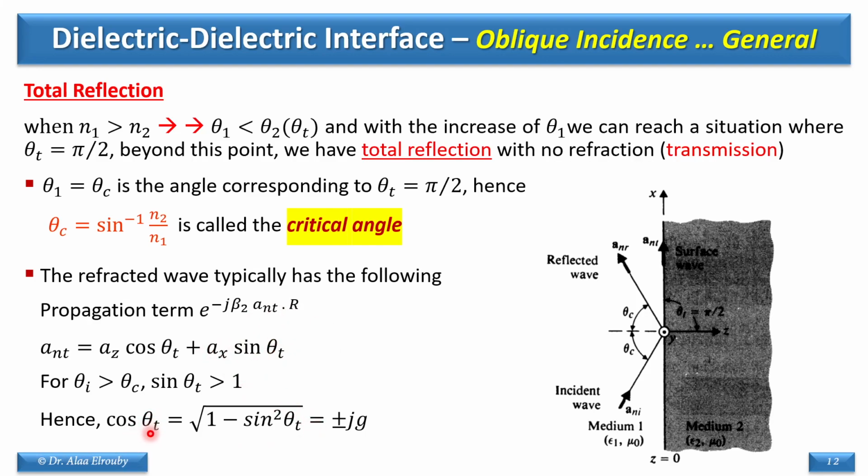So theta t would have a cosine that is imaginary. Imaginary here means an imaginary component multiplied by j, so j and j will equal minus 1, and this term will be a real component. When this is pure real, it means that it is just a decaying wave.